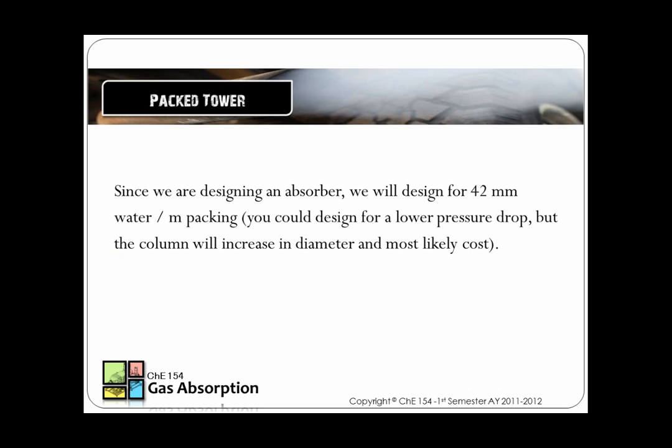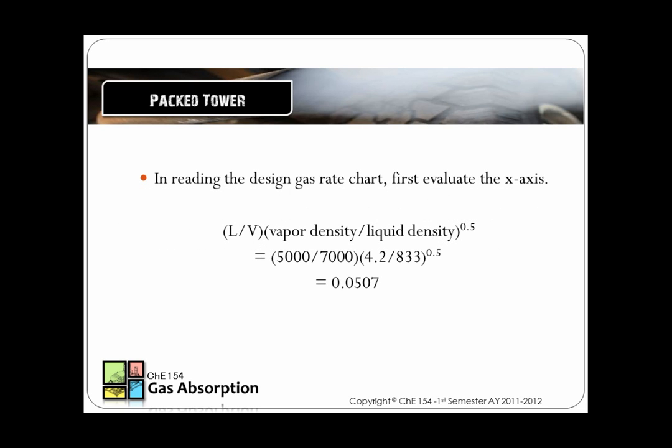Going back to the problem, since we are designing an absorber, we will design for 42 mm water per meter packing. Actually, you could design for a lower pressure drop, but the column will increase in diameter and cost. In reading the design gas rate chart, you should first evaluate the x-axis. The x-axis value of the chart is equal to liquid mass flow rate divided by the gas mass flow rate multiplied by the gas density divided by the liquid density raised to 1/2.